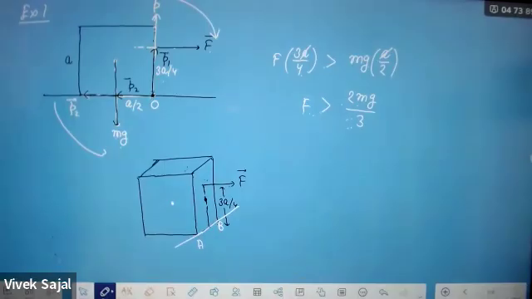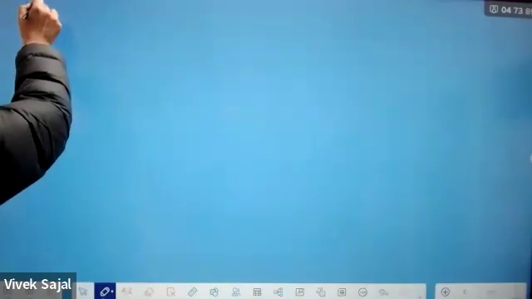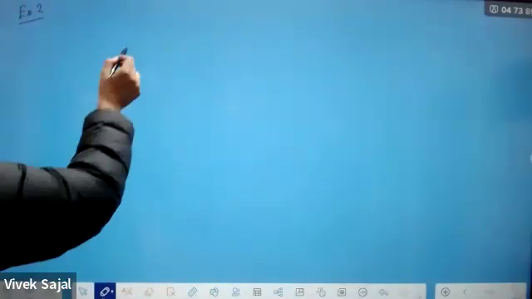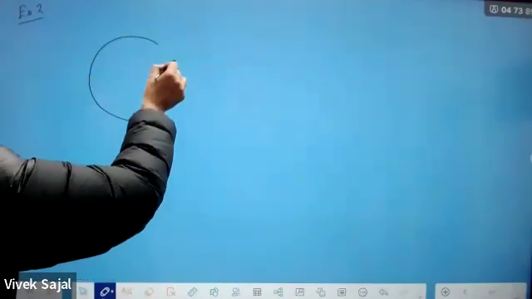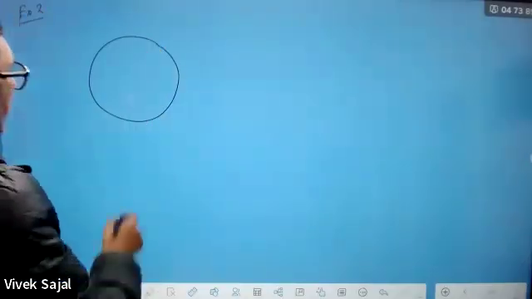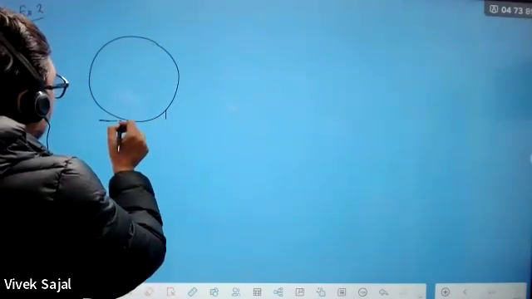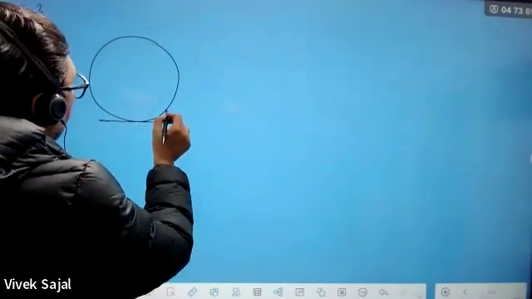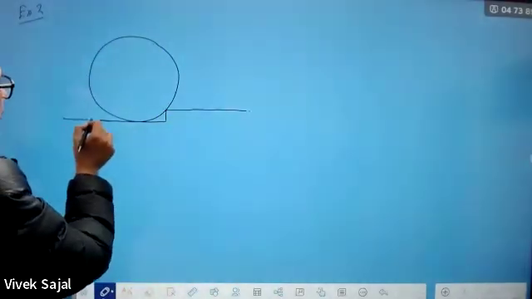Next, one more question that is very good. So try to understand. This was the first example. Next, example 2. If you are having a sphere like this of radius r, ठीक है, and this is a horizontal surface.